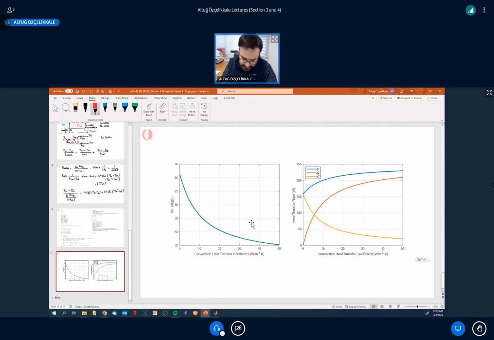So first of all, in order to calculate heat loss, we need to identify the surface temperature for free convection at around H of 7.68 watt per meter square Kelvin. We are obtaining a value of, as far as I know, around 56.